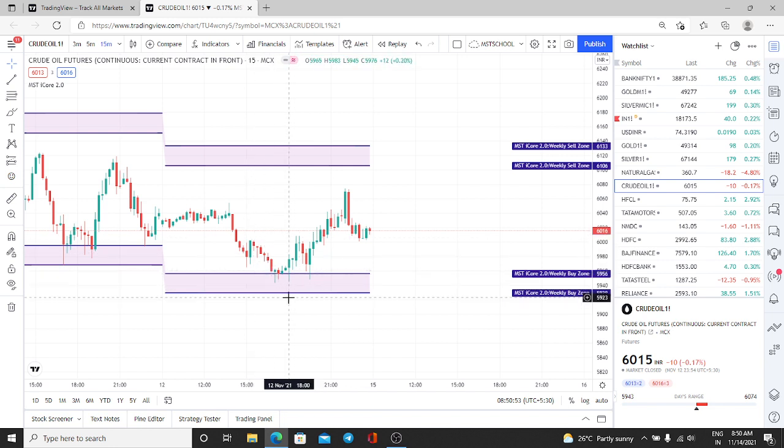The buy level was at 56. Here there is a very good confirmation. What is the confirmation? There is a reversal, a rejection candle. This green candle is the rejection, and another candle, the red candle, is also a rejection. Immediately after the rejection candle, there is a bullish green candle.